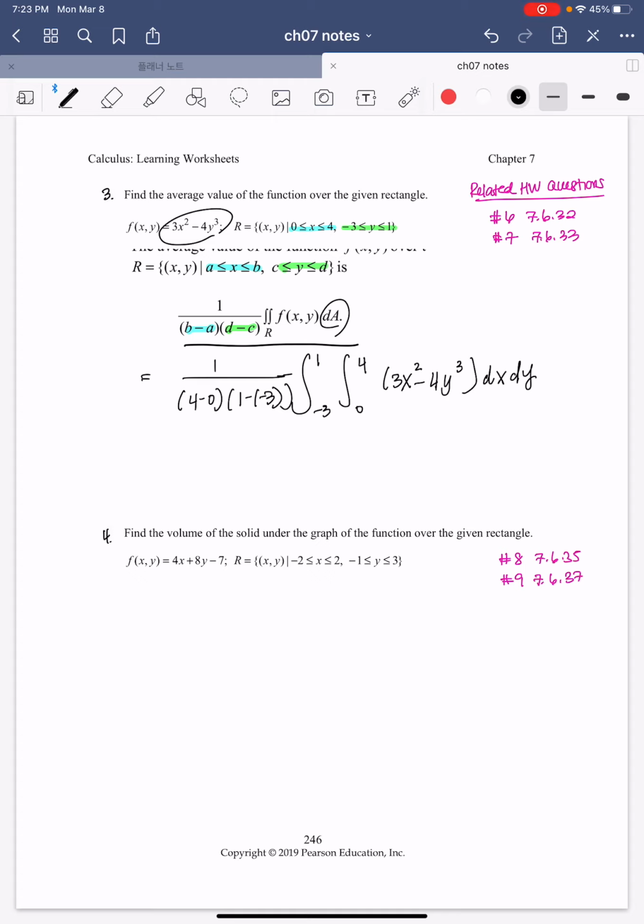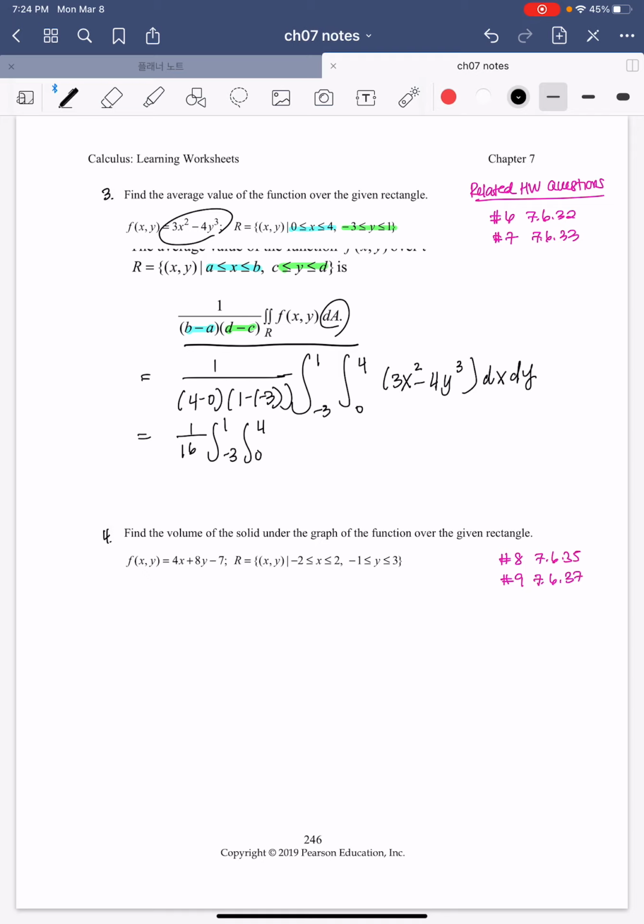Now, can you switch? Yes, we just saw that it's gonna give you the same result. Okay, so here 4 minus 0 is 4. So 1 over 16. Negative 3 to 1, 0 to 4.